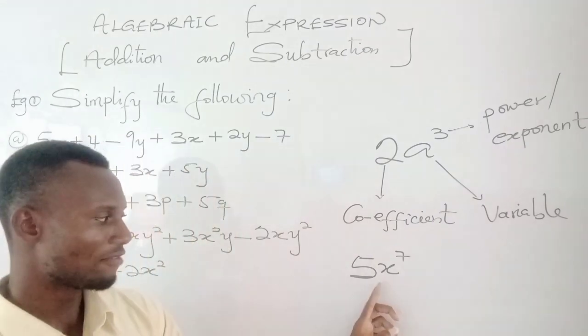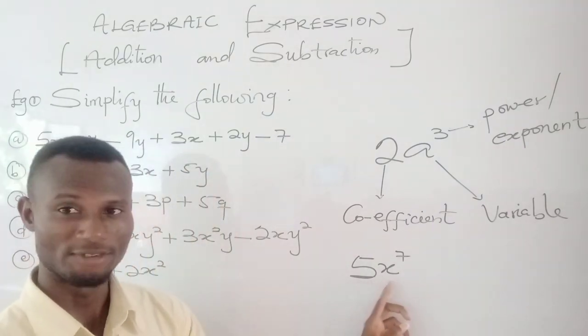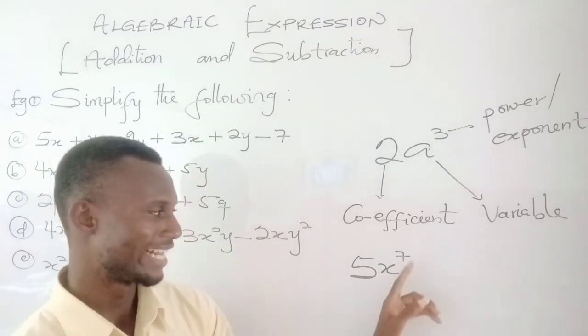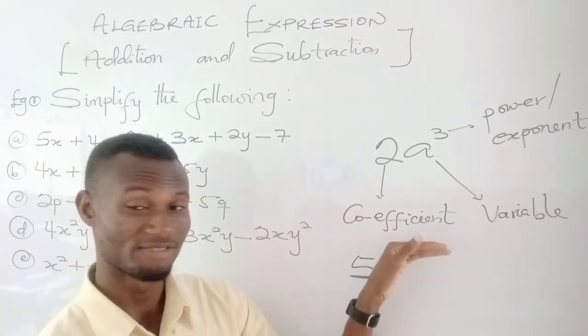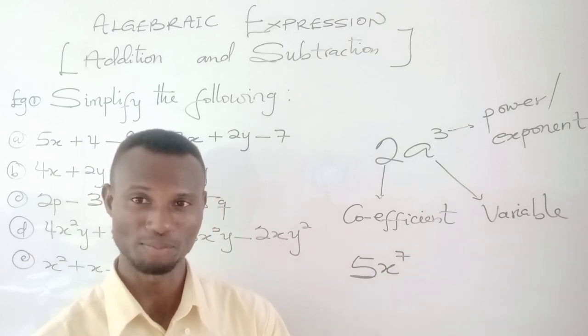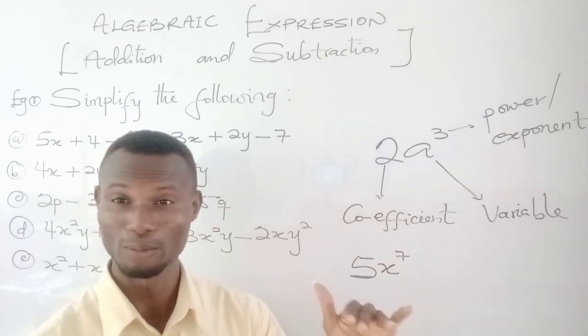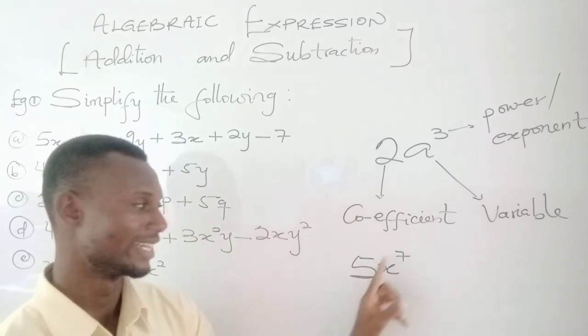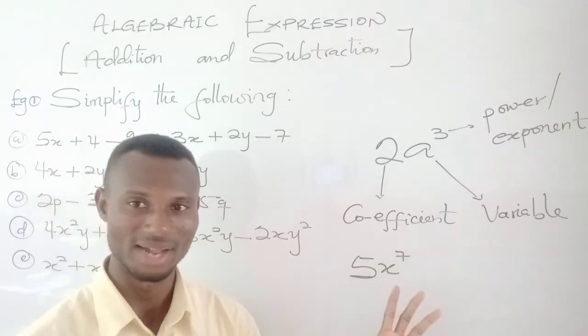So now we have 5 in front of the variable s, so the 5 is the coefficient and the 7 which is on top of the variable s is called the power or the exponent. I hope you understand up to this point. So this is our coefficient and this is our power.